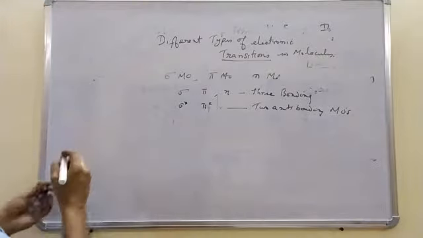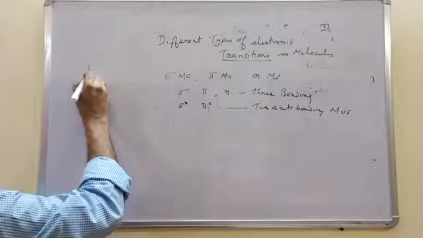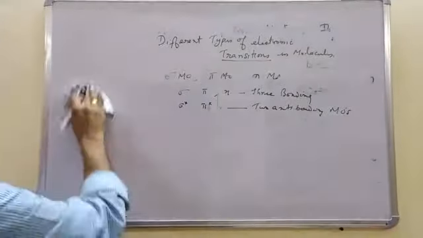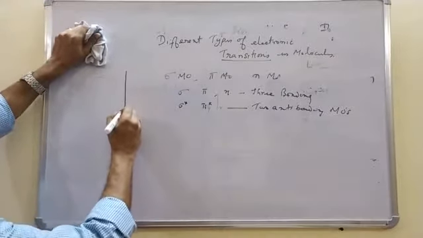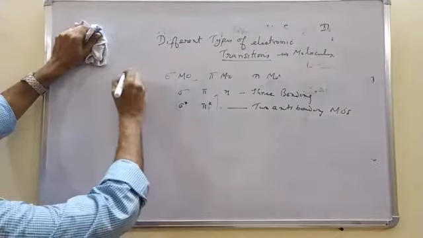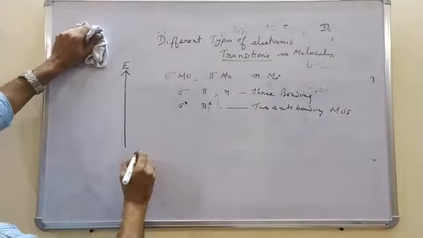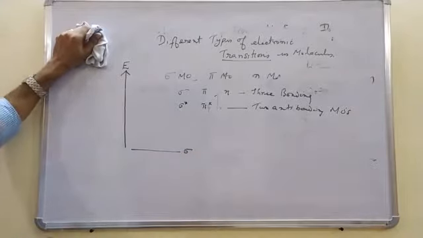Consider a case. I have drawn this. This is the energy level of the molecular system, E. The first molecular orbital, of the lowest energy, is sigma.